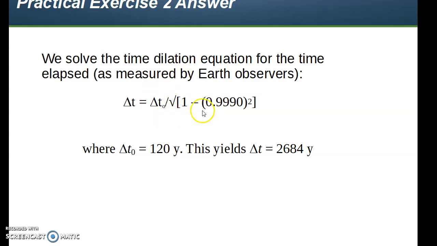And it's 1 minus 0.9990, and both of these have c, so the c in the denominator cancels out. So it's 1 minus this, squared. This yields a delta t of 2,684 years that occurred on Earth while they were experiencing 120 years. But then they were going pretty close to the speed of light there, weren't they?